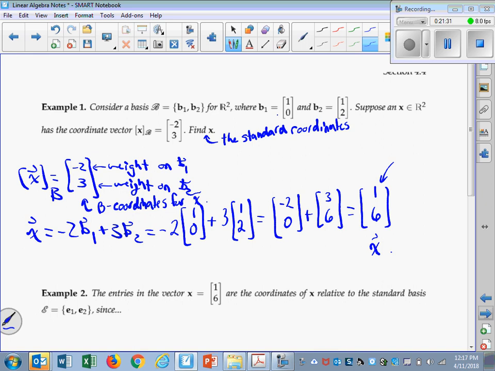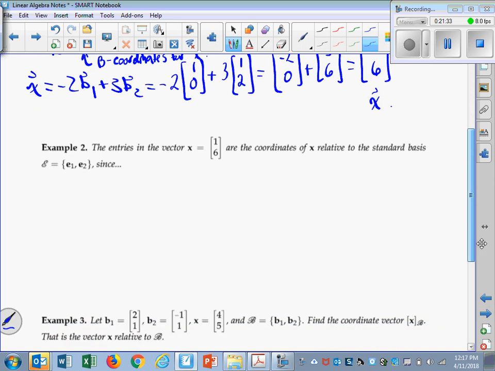So they say the entries in vector x are really just 1, 6, like what we just found. Are the coordinates of x relative to the standard basis e1 and e2 since? So they say that these are the standard coordinates. Since what? Okay, well, what are e1 and e2? We probably should be reminded of what the standard basis is. So e1 is equal to 1, 0, and e2 is 0, 1. Just like that.